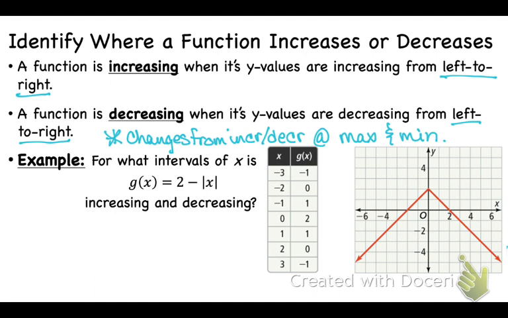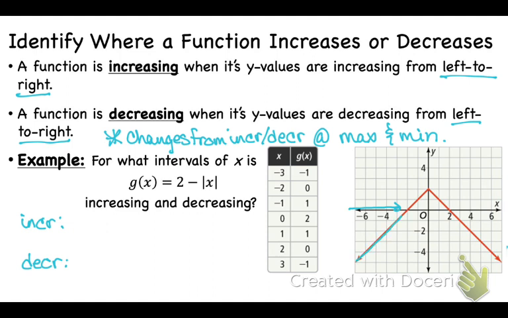Okay? So looking at our picture, as I'm coming across here, I have increasing and decreasing, and it's always what direction? Left to right. So, am I increasing or decreasing first? Increasing.